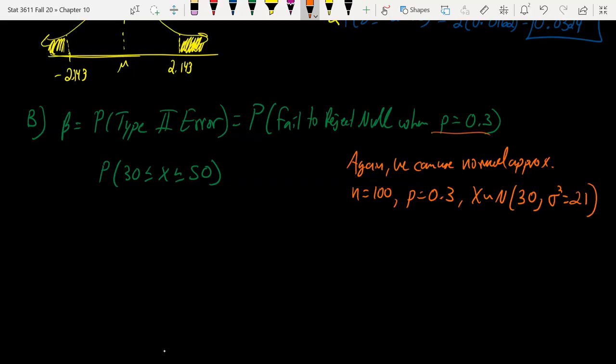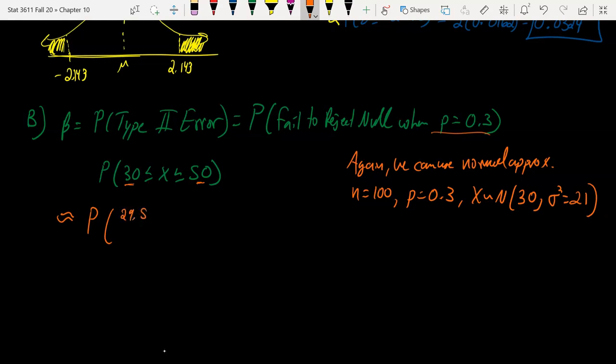A variance of 21. And again employing a continuity correction, the probability here is approximately equal to, what's the continuity correction? Again, on the greater than component of this, we want to be slightly below 30. We want to go slightly below 30 and slightly above 50 to account for those round offs.